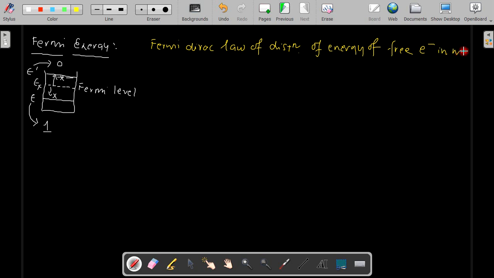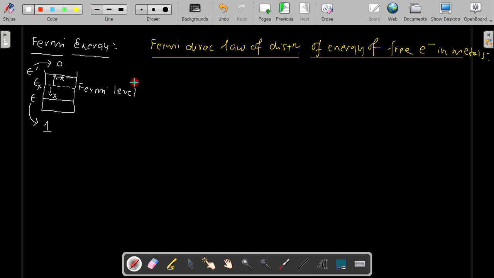So it's a long topic, but I hope you get the gist. This is very important, okay. Whatever distribution law we have just now seen, we are going to actually use it to find out this in metals, okay. So let's try doing this, okay.